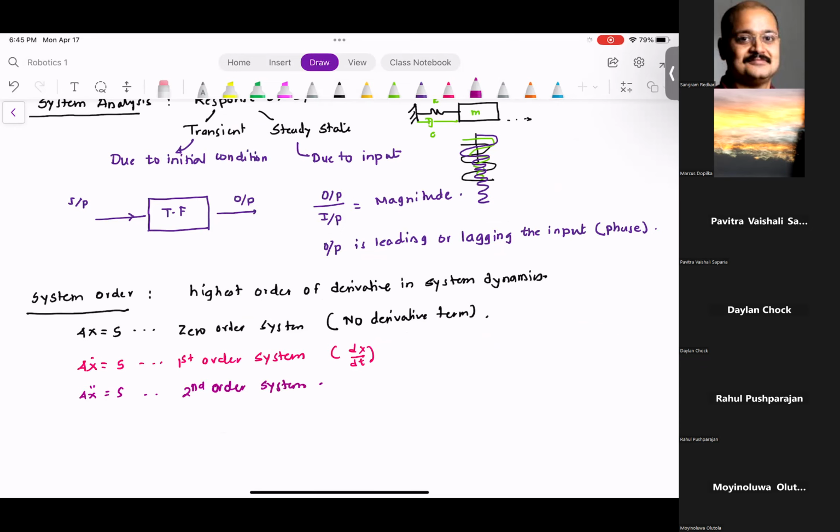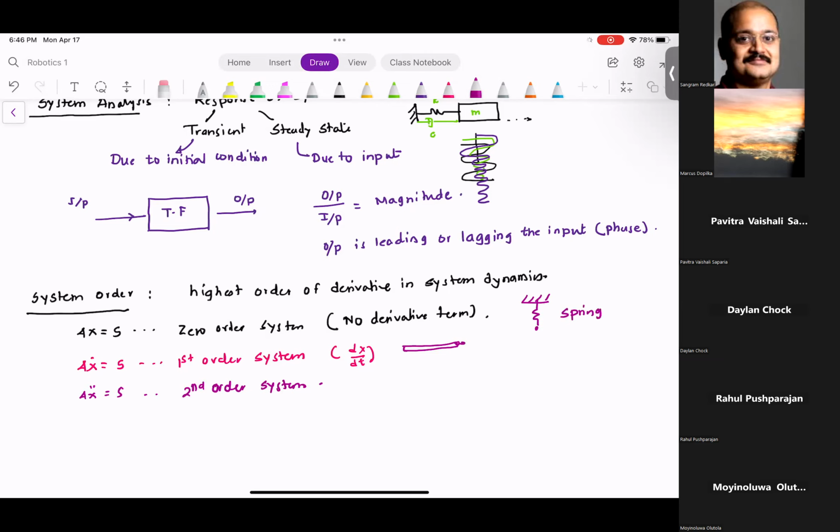So what are the characteristics of the zeroth order system? Zeroth order system is very quick, which means if you apply the input, you would suddenly get an output. A very simple example of the zeroth order system is nothing but a spring. The first order system has some type of delay.